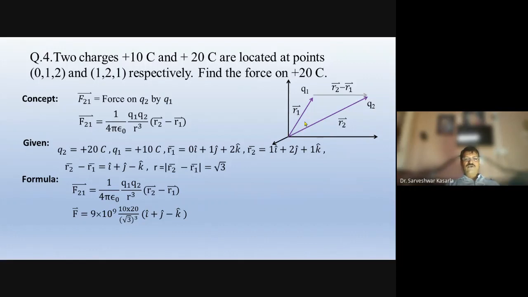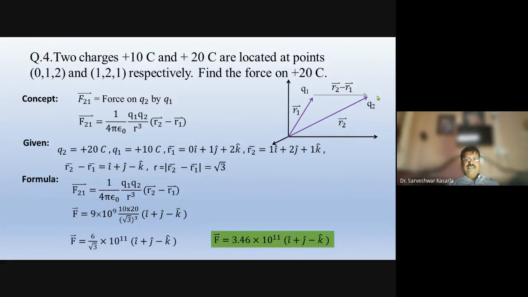So 3 root 3 upon 3 gives root 3 in the denominator, and in the numerator we take 10 into 20, which is 2 into 10 to the power 2, and 10 to the power 2 with 10 to the power 9 becomes 10 to the power 11, and 3 into 2 becomes 6. It is a very simple calculation. The final answer will be 6 upon square root of 3 into 10 to the power 11, which equals 3.46 into 10 to the power 11.